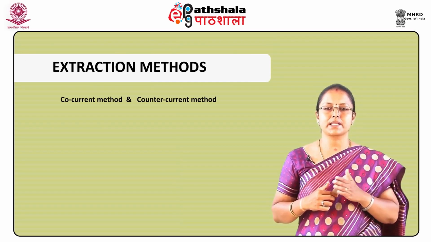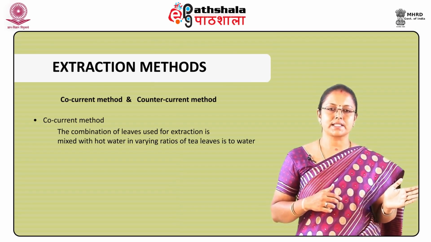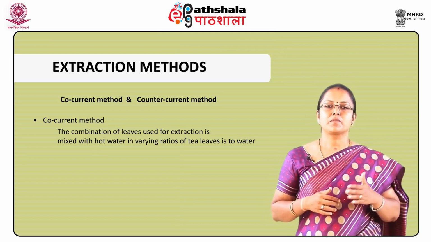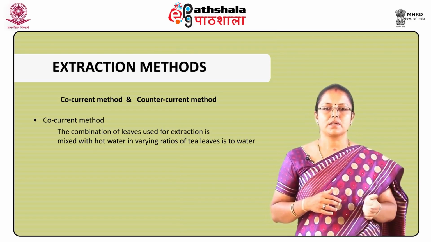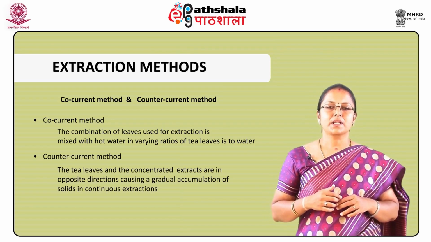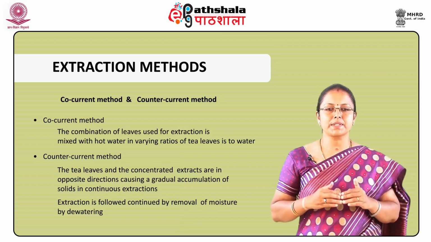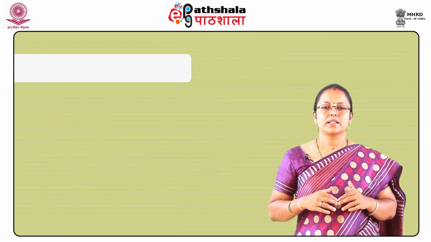In a multi-stage co-current system, the exhausted leaves are successively extracted in different stages and the extracts obtained are mixed together before the final concentration. In countercurrent operation, the material and the enriched extracts move in opposite directions so that there is a gradual buildup of solids concentration in the successive extractions.